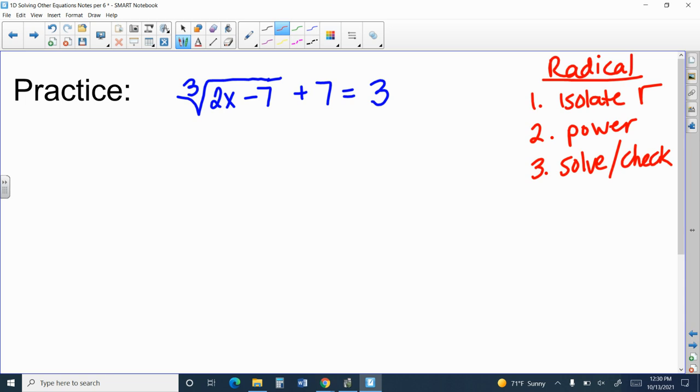Negative 64.7 would be negative. Also, when you're plugging it into the calculator, this 7 is outside the radical.